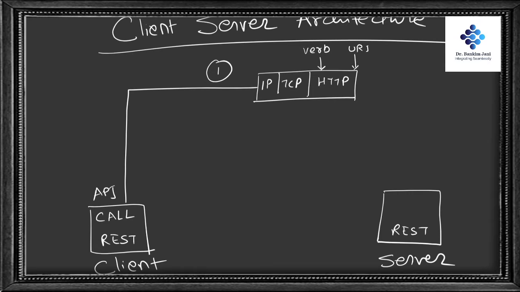We'll talk about these in detail in just a moment. But at this point of time, we just understand that it is asking for something and it comes to the server, that yes, I need some information, and the server is then supplying that piece of information.